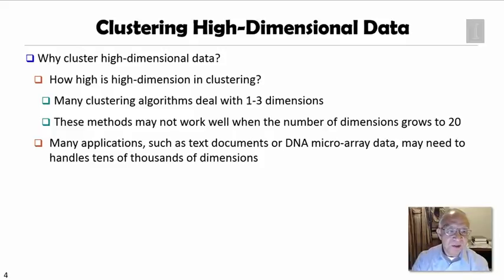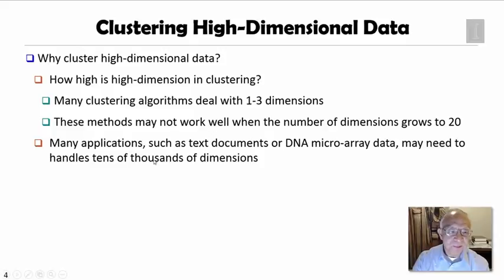In our previous discussion, many examples we gave actually only contain 1 to 3 dimensions. The most popularly used examples are just 2 dimensions, for showing, for example, k-means, kernel k-means, and EM algorithms. But these methods may not work well when the number of dimensions grows to 20.